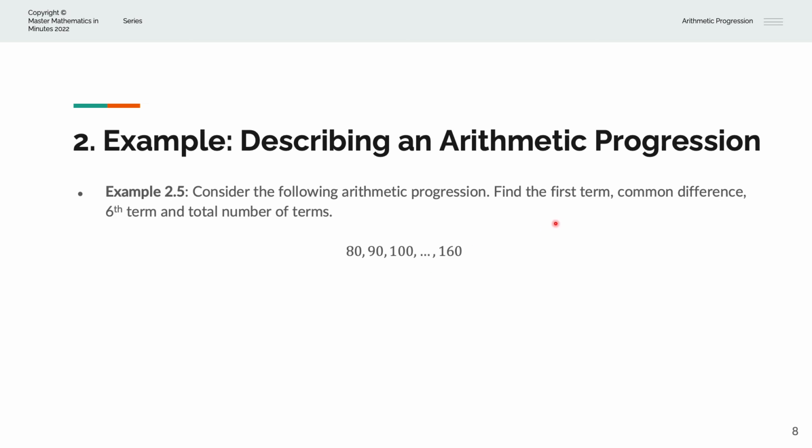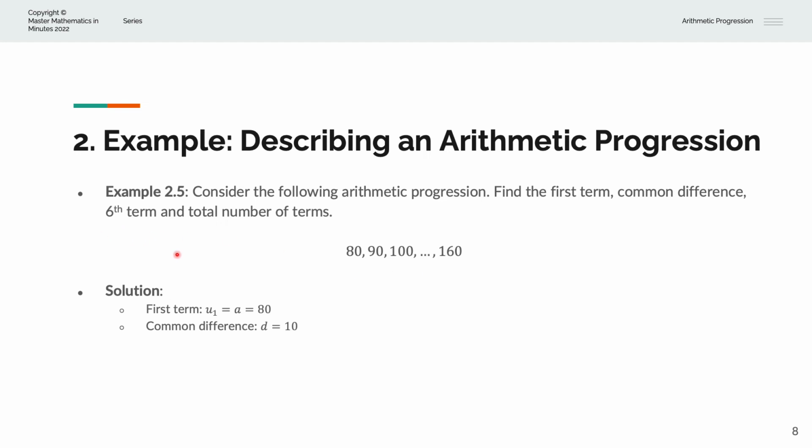And we'll also find the first term, the common difference, the 6th term, as well as the total number of terms. So the first term in this case is 80. So we have u1 is equals to a is equals to 80. And because 80 plus 10 is 90, 90 plus 10 is 100, we have a common difference of d is equals to 10.